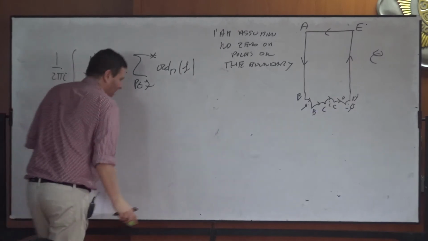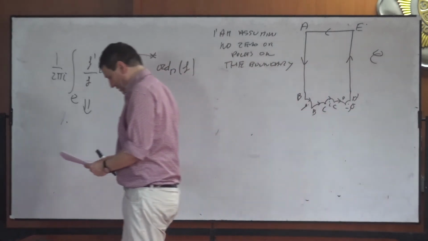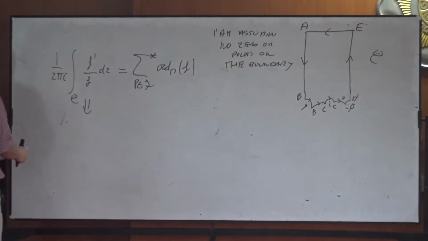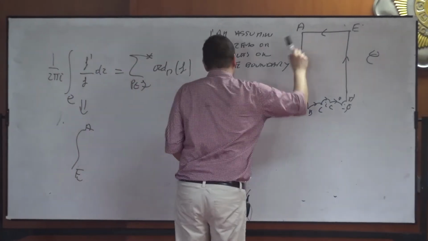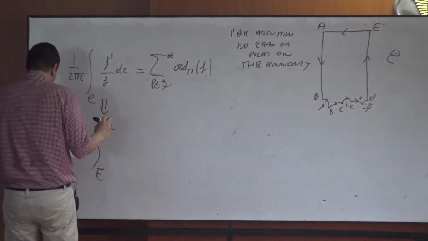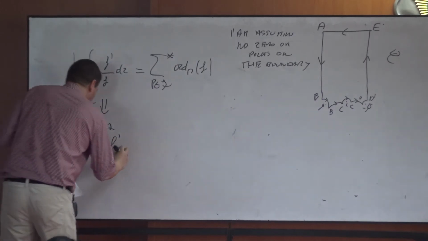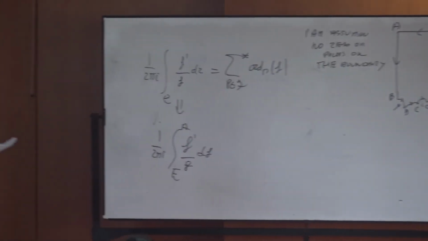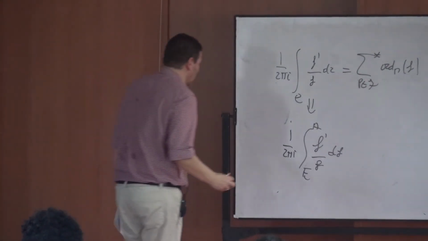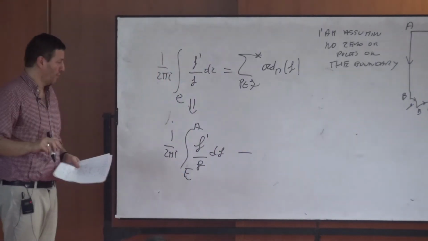Let's start in order, from the top. Let's start with the integral from E to A. So we start with this one. How can we compute this one? If you think about it, this is for the f tilde, the function as a function of q.